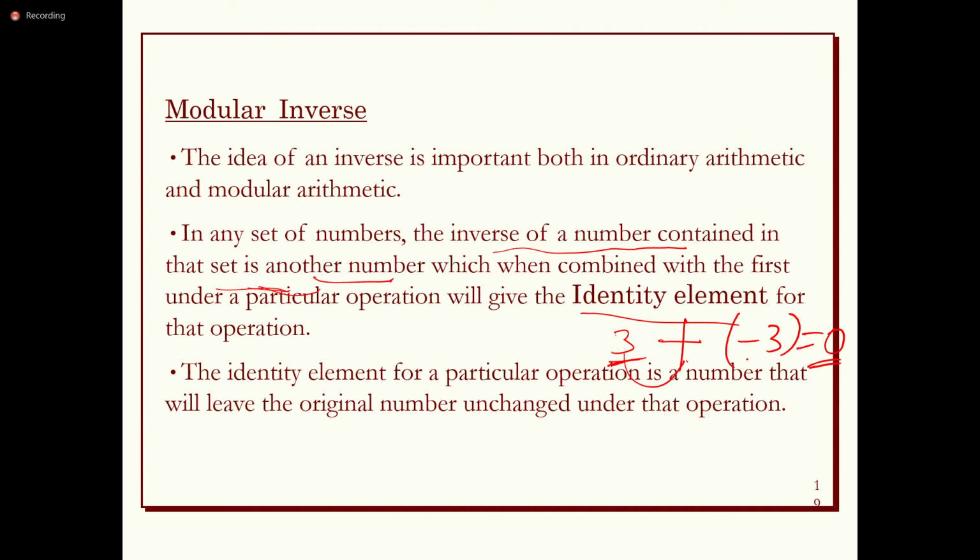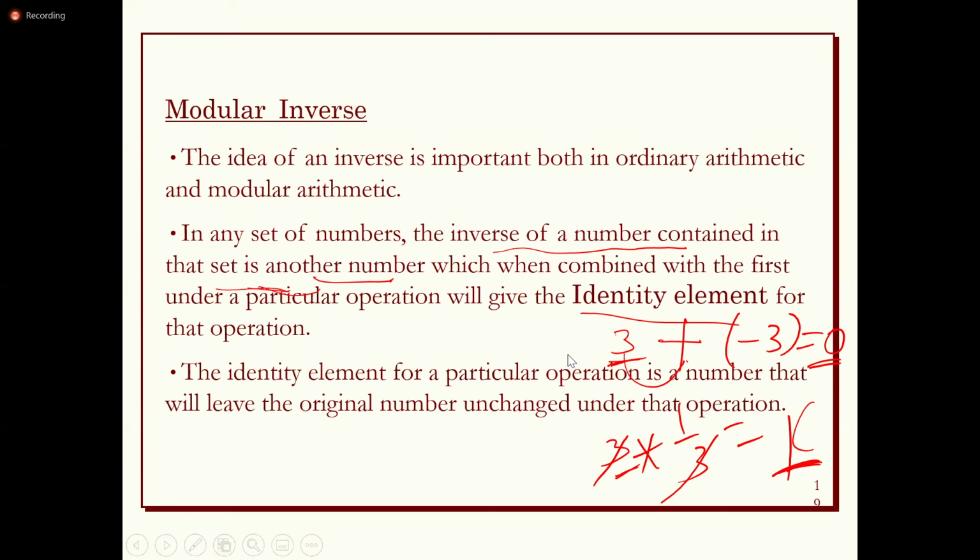So 0 is the identity element. And for multiplication, the multiplicative inverse of the number 3 is 1/3. Why? Because if we multiply 3 with 1/3, we get the result 1. So in the mathematical representation, we take 1/3 as the multiplicative inverse.